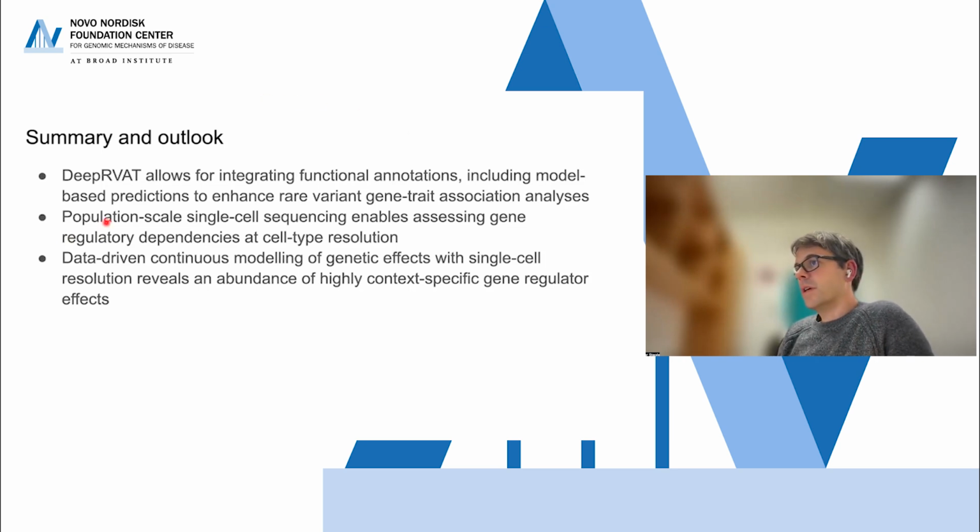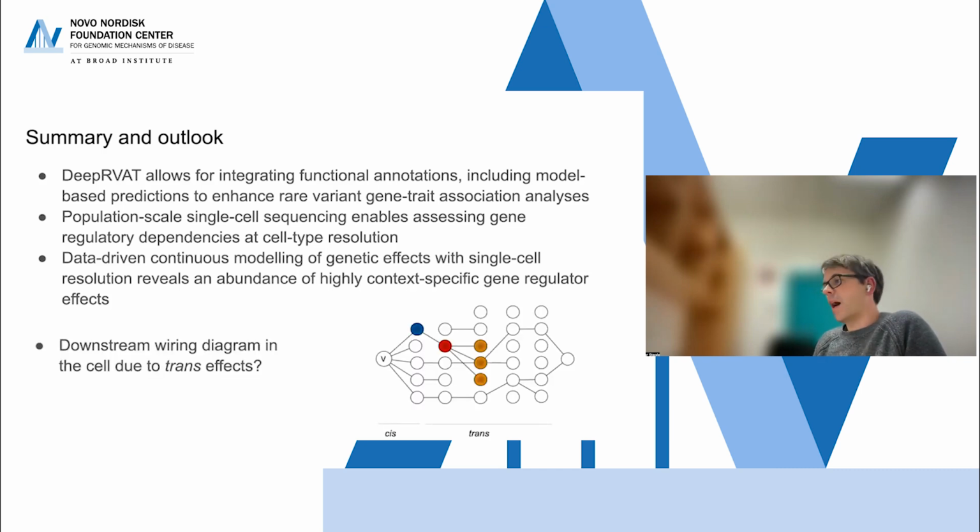And the second part I talked about is population-scale single-cell sequencing and how we can use it for really going from variant to function, and what methodological challenges are associated with this. I talked about these questions of how we go from variant to function, and I really want to emphasize that I focused on this first bit of the arrow, from variant to the first gene.